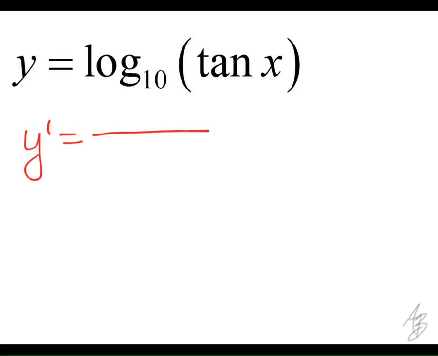I don't know if this is right, but 1 over tangent of x, times the natural log of 10, and then times, I think it's negative, or is it secant squared for tangent? Secant squared of x. Yep.